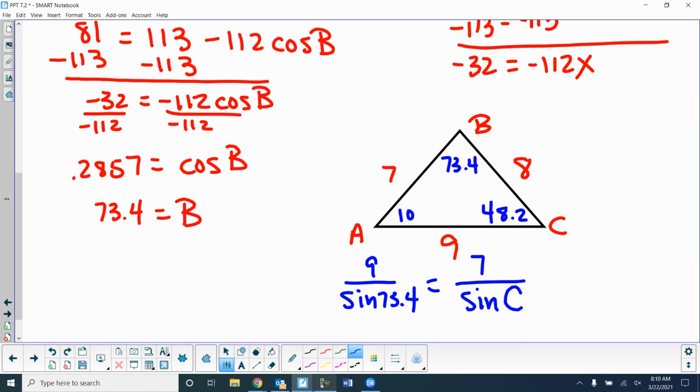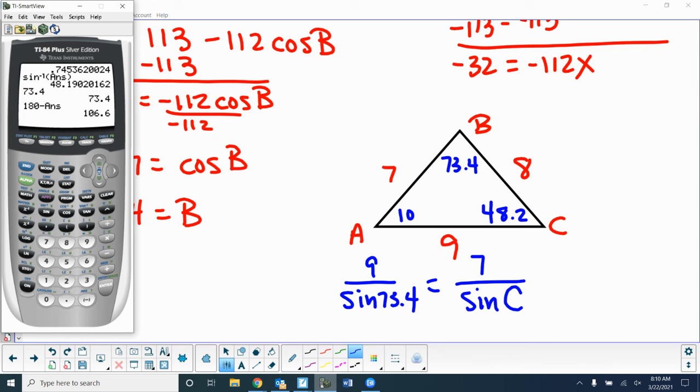I didn't do the subtraction part, did I? Oh, I didn't add those, huh? Messed up. All right, so I gotta go 73.4 plus 48.2. I forgot to do that part. I just put that on. See what I did. Now go 180 minus that. 58.4.